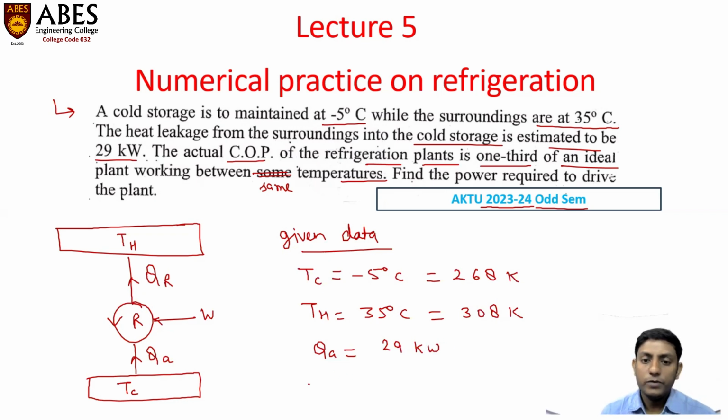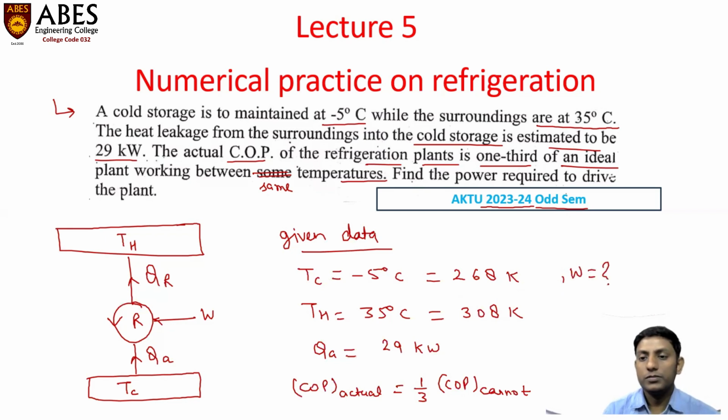Another thing given to us is that COP actual is 1/3 of ideal COP, which is nothing but COP of a Carnot system. And we are supposed to calculate power required, W.